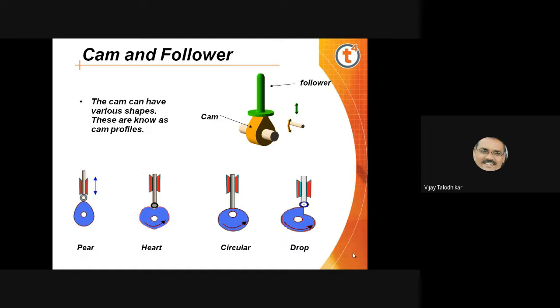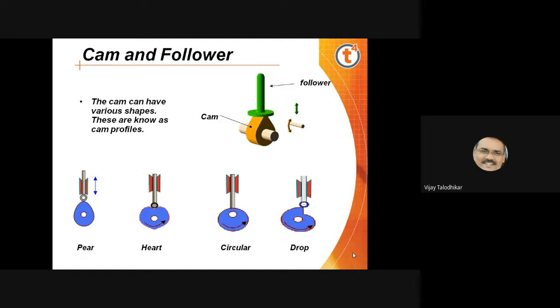Now see that these are the different shapes that can be used depending upon the application, operated with the help of the cam follower mechanism. As we know, the cam follower mechanism can be used for different purposes. It can be used in the IC engine.